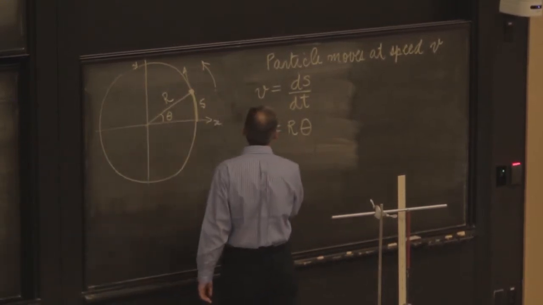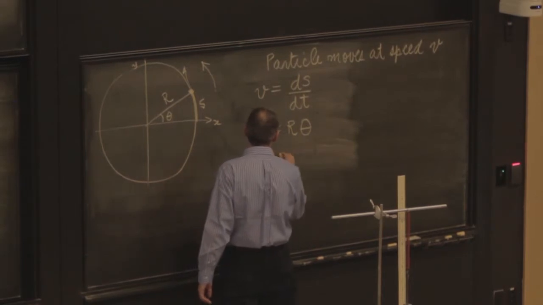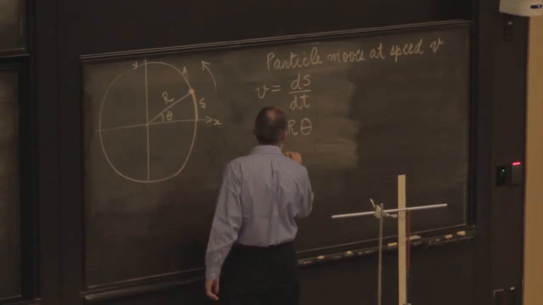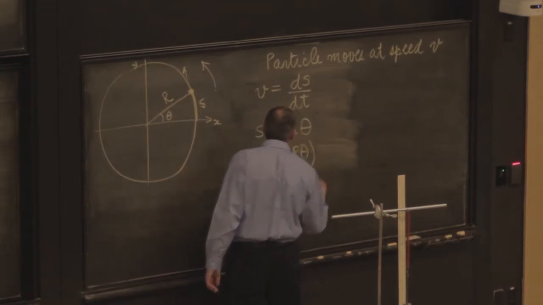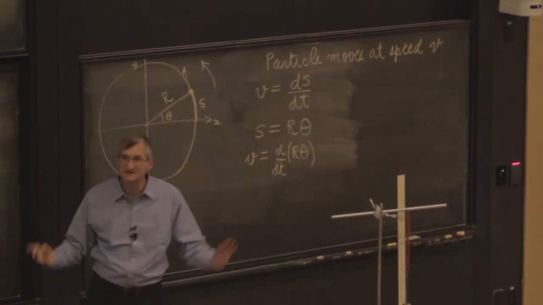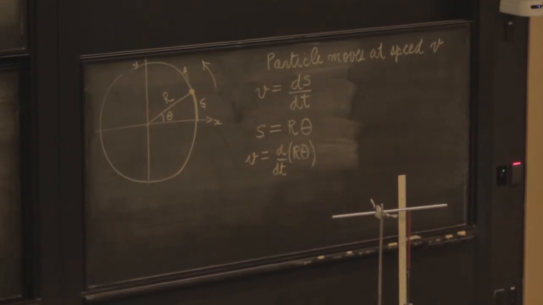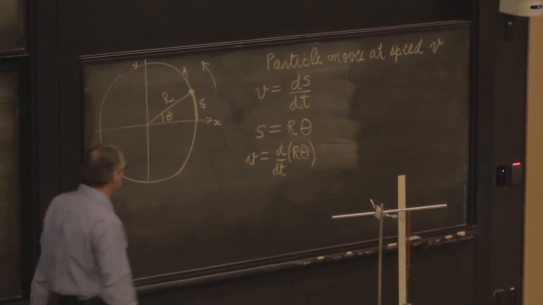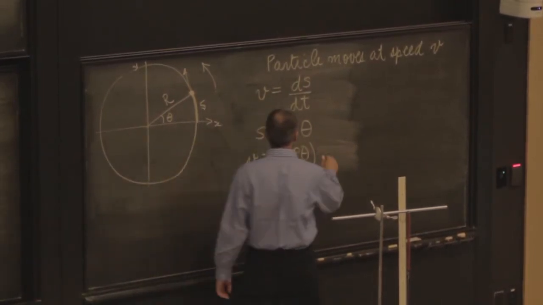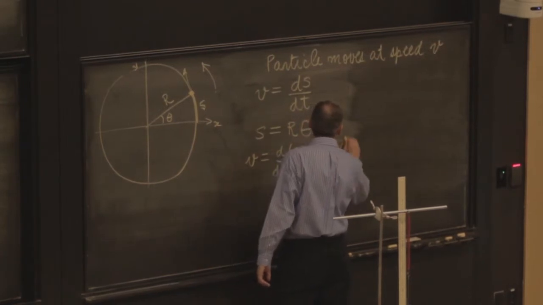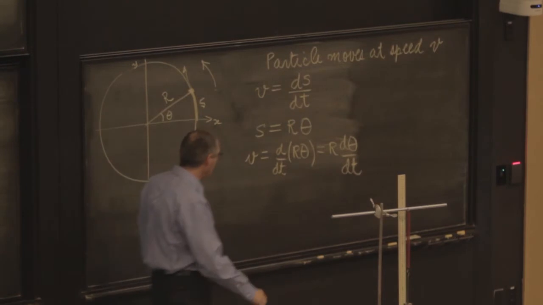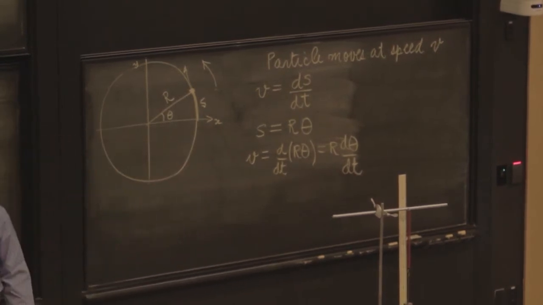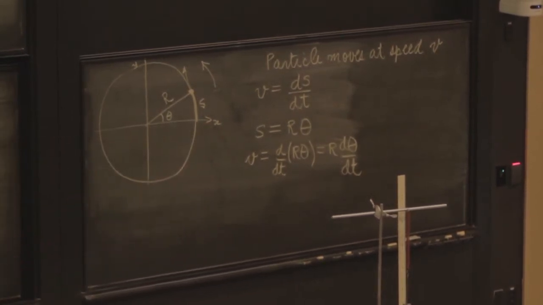So ds/dt is d/dt of r theta, but r is a constant. We're going to assume that r is a constant. It's going around a circle. So I can pull r out of the derivative. And so the speed is equal to the radius times the time rate of change of the angle theta.